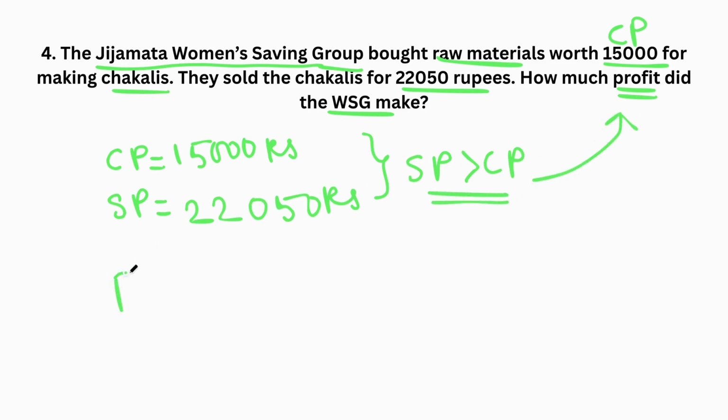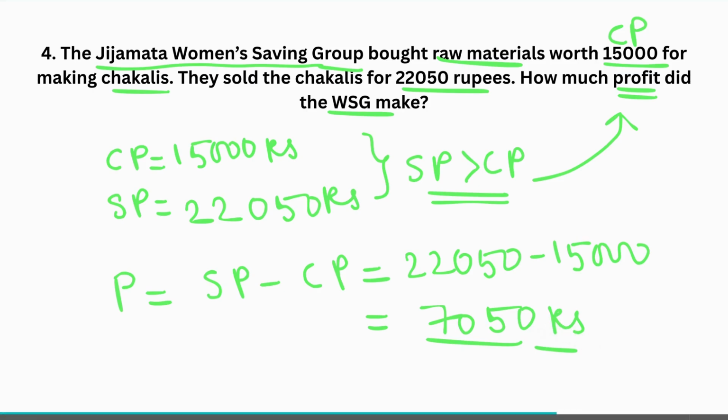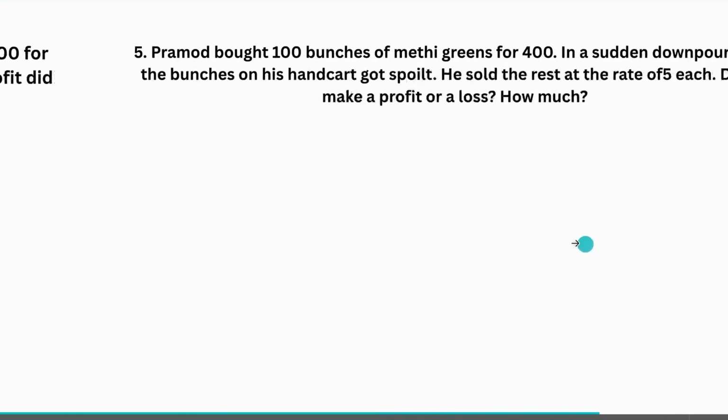So we will be using the profit formula, which is selling price minus cost price, which gives us 22,050 minus 15,000. So we get an answer of 7,050 rupees. We will be writing a statement for this that the Jijamata Women Saving Group made a profit of rupees 7,050. Okay. Now next question.